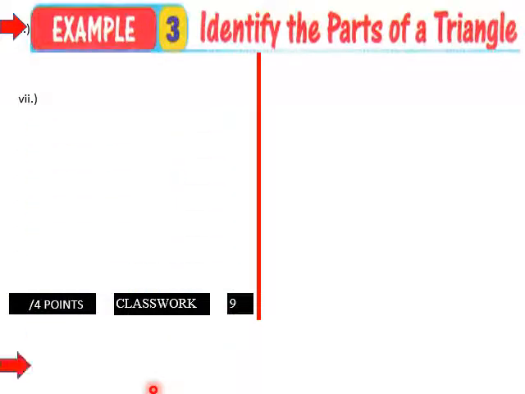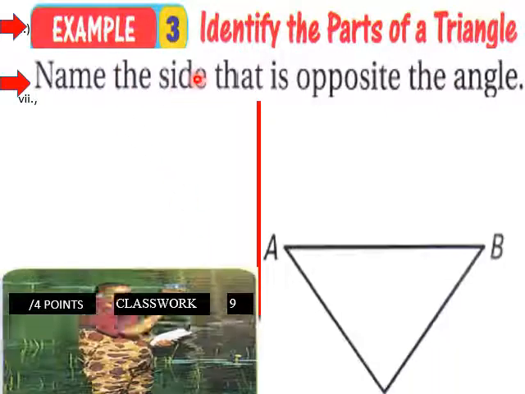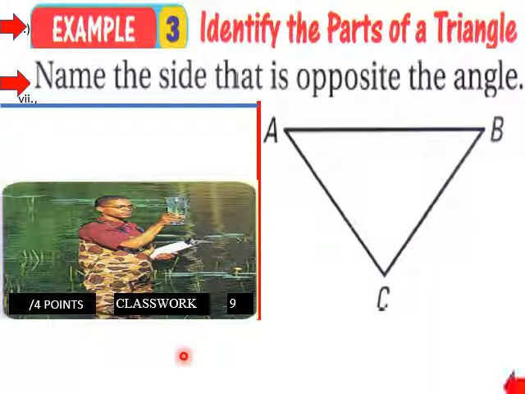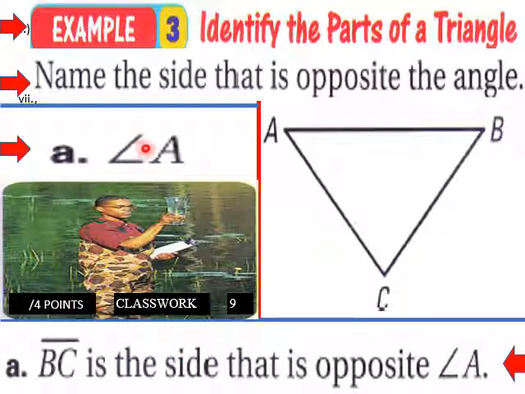Page 9 of the class worksheet, students. Identify the parts of a triangle. Name the side that is opposite the angle. So, angle A is here. BC is the side that is opposite of angle A, because it points over to this side.